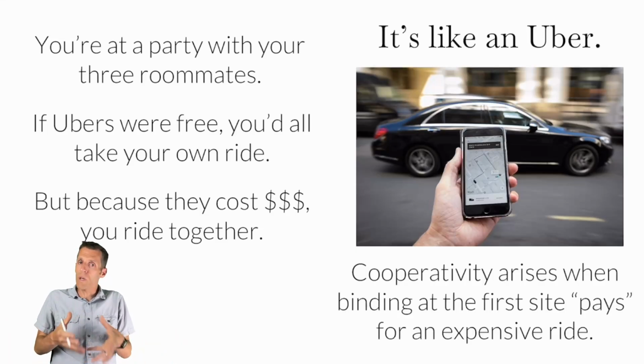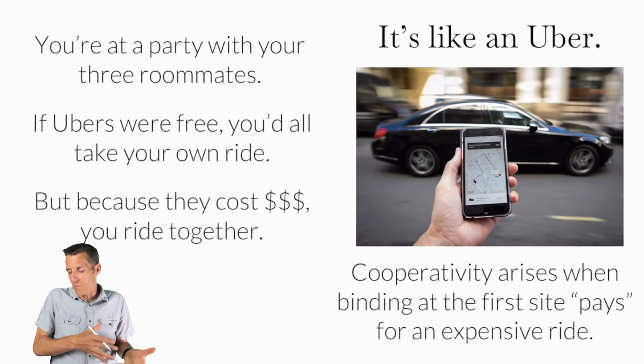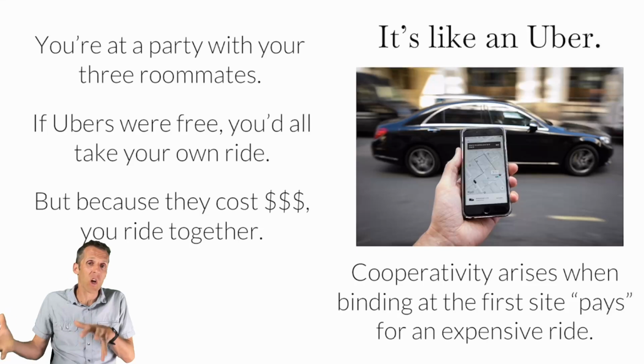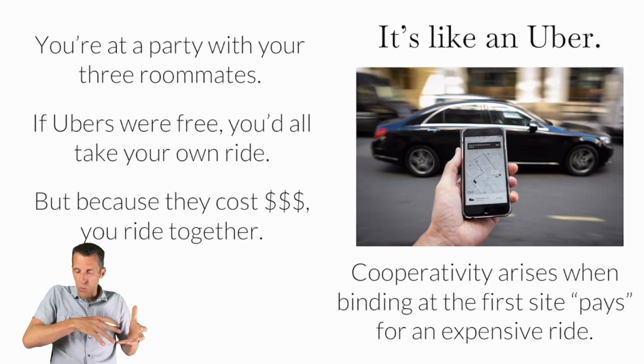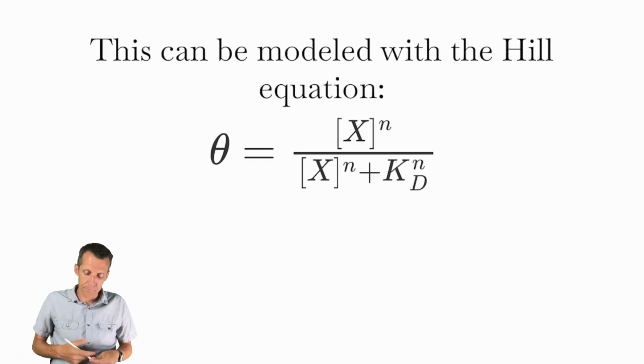And so this is really what's happening in these chemical systems. Cooperativity arises because binding the first site is expensive, so it has to pay to put it into that binding competent R state. But once it's there, everybody else rides for free. And so a system where there's a cost to loading the first site means that you get everybody else for free and you get cooperativity.